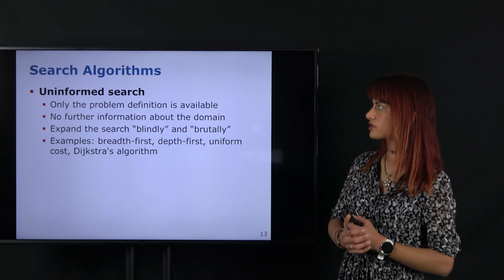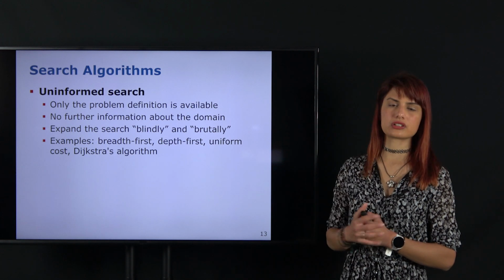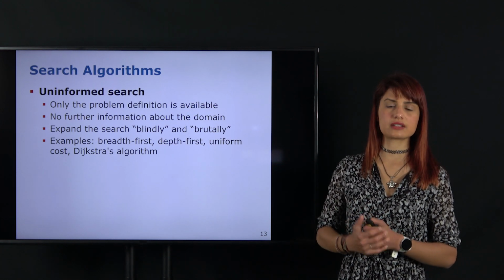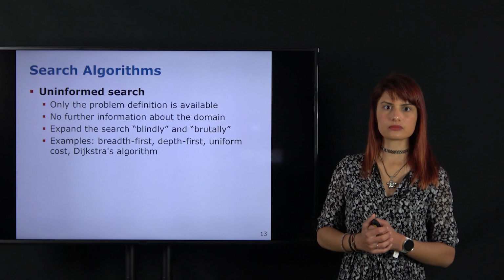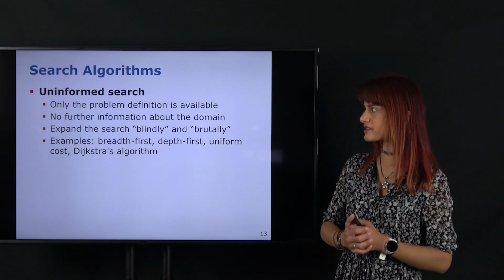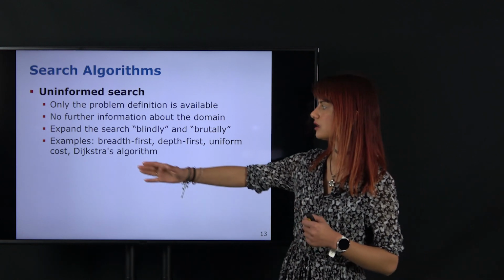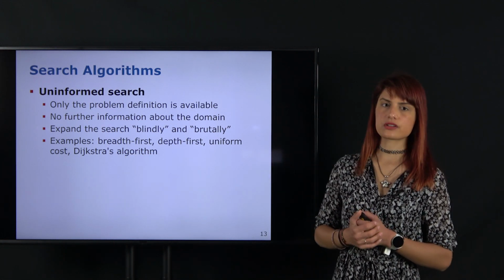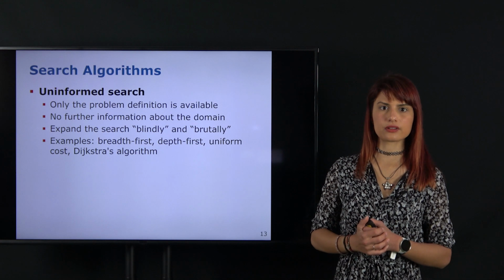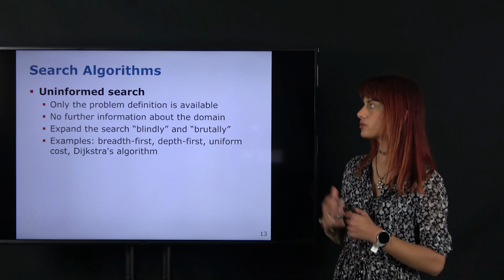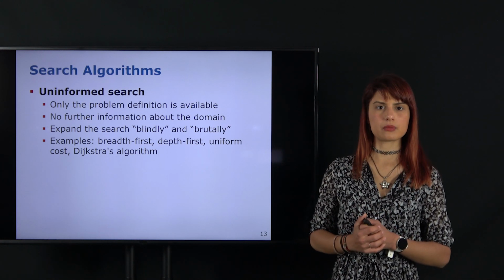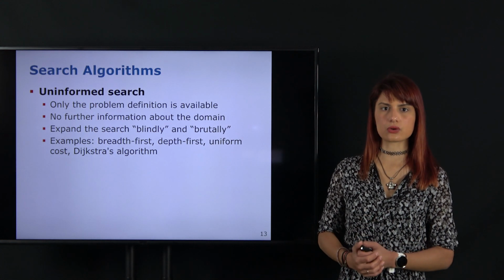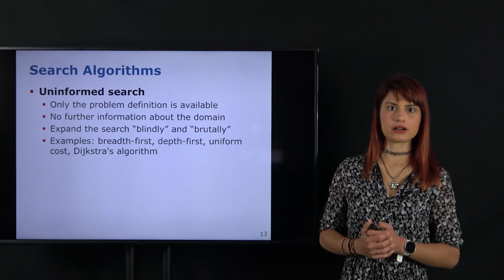We just do the search blindly and brutally in a very brute force way until we find the solution. And some examples of this, which we look at next, are the breadth first, depth first searches, uniform cost search, and also Dijkstra's algorithm. So these algorithms do not use any further information about the problem beyond what is already explored in the graph.